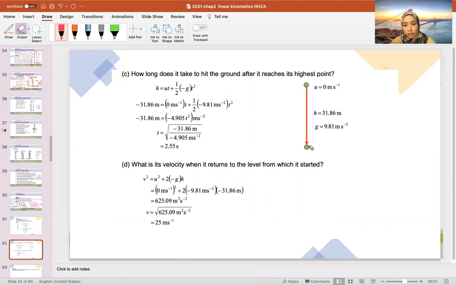From here to here, 2.55. What is its velocity when it returns to the level from which it started? Here, what is its velocity? Minus 25. This answer is wrong. It needs to be negative. Here the plus minus sign is missing. It should be negative because the motion is going down.